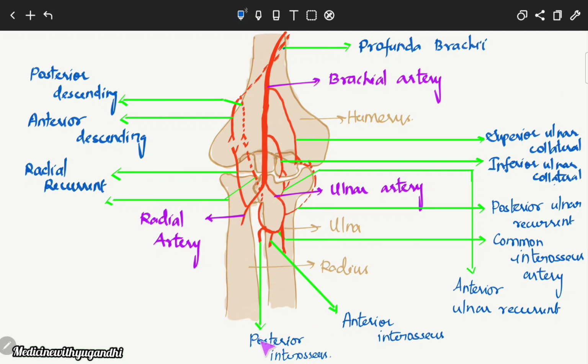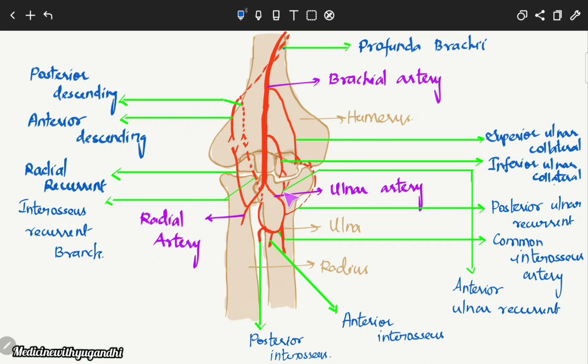And from the posterior interosseous artery arises a branch called the interosseous recurrent branch. So see, this is the interosseous recurrent branch arising from the posterior interosseous artery.